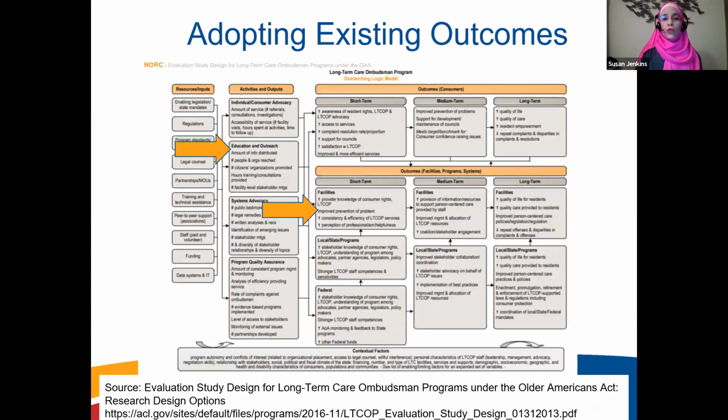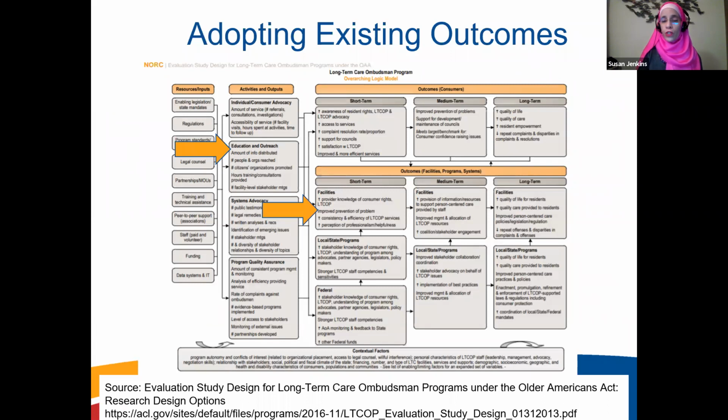A few places that you can look for outcomes. I realize that this slide also is very small, but the link is at the bottom so that you can get all of the logic models that were developed related to the Long-Term Care Ombudsman program, and you can look at all of the outcomes there.